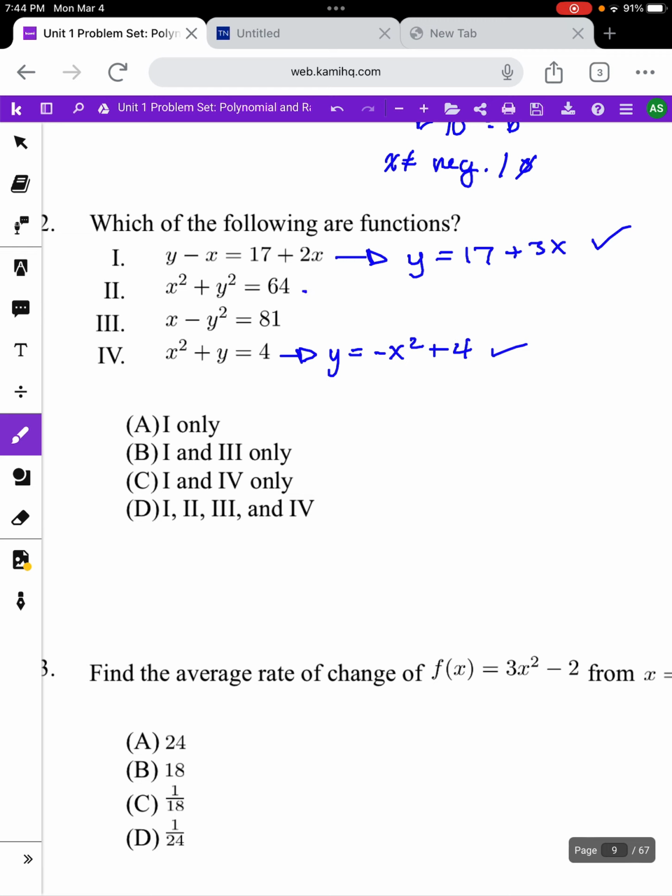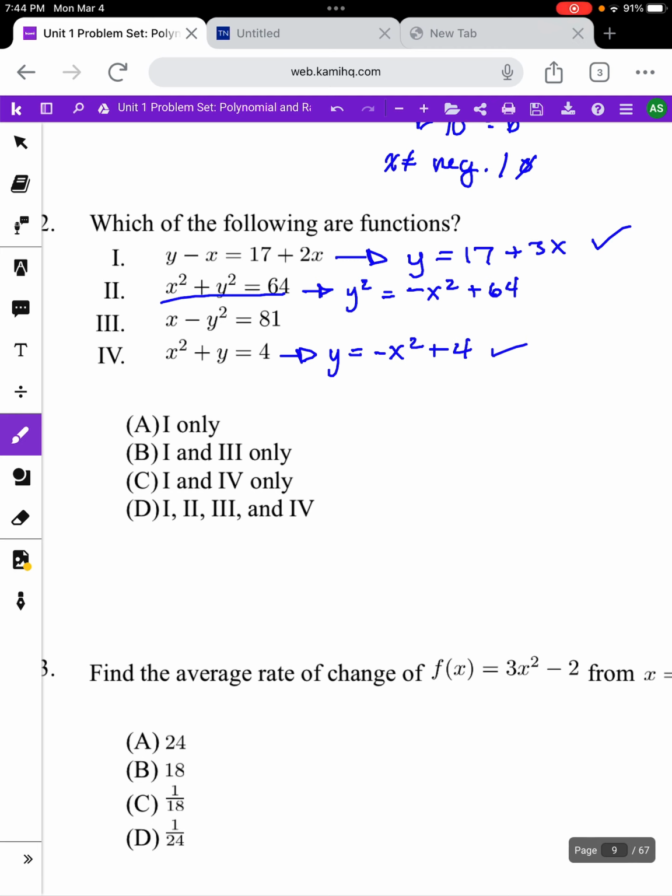These two, if I rewrite this, well, first of all, this is the equation of a circle, and we know a circle is not a function. So that's like thing one that you should notice. But even if we didn't notice that, this is y squared equals negative x squared plus 64. And if I took the square root of both sides, I would have to have a plus and a minus, right?